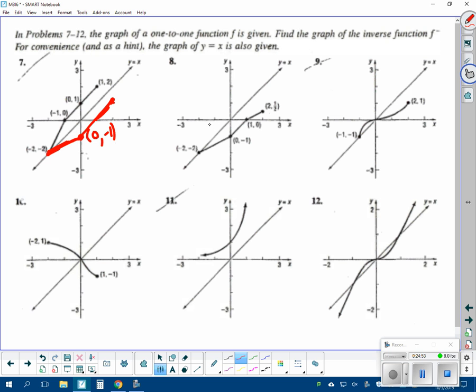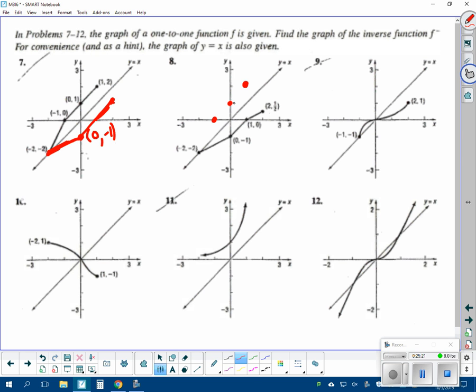So you can do this one of two ways. You can think of just what the reflection is going to look like, or you can take your ordered pairs and switch your x and your y. Just like we were saying, to make an equation's inverse, you switch x and y. You do the same thing with the ordered pairs. So negative 1, 0 should be a point, and 0, 1 should be a point, as well as what else? 1/2, 2.